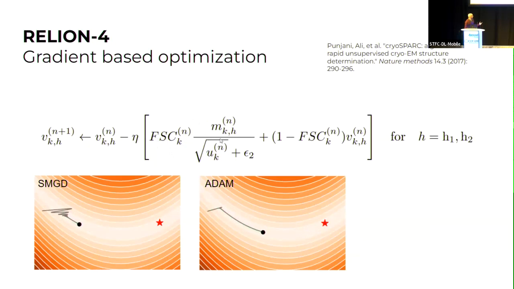It says that if you trust your FSC, you want to weight up the data fidelity term, and if you don't trust it, you weight up the prior term. And we also combined this with another layer of optimization inspired by the Adam algorithm.